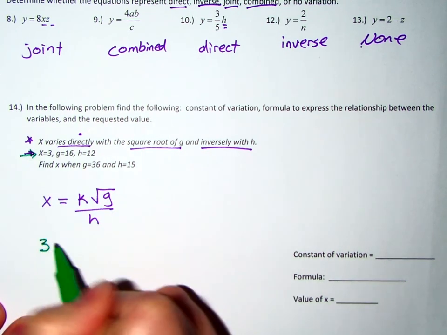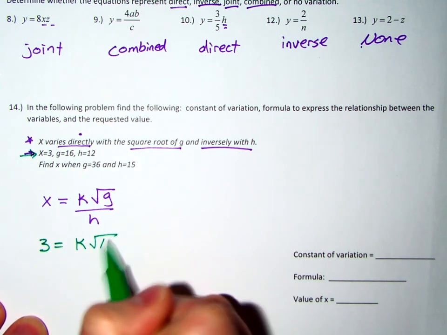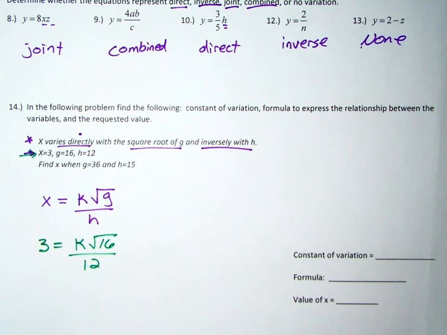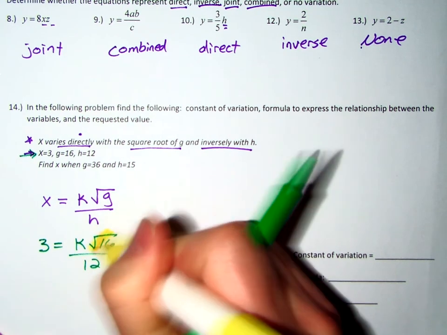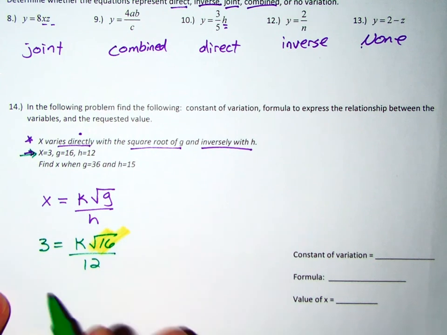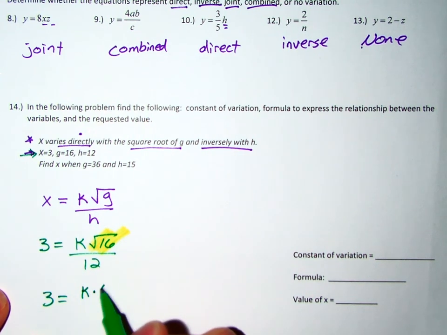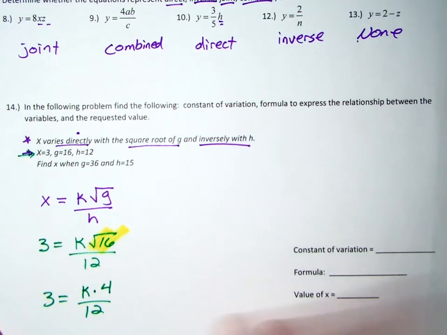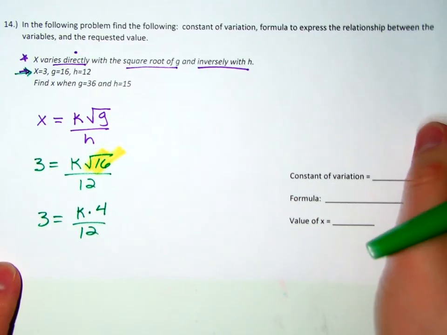So 3 equals k, square root of 16, over h, which is 12. Now if I were you, since I can take the square root of 16, I would simplify that first. So 3 equals k times the square root of 16, which is 4, over 12. And now I can go ahead and work to get that k by itself.